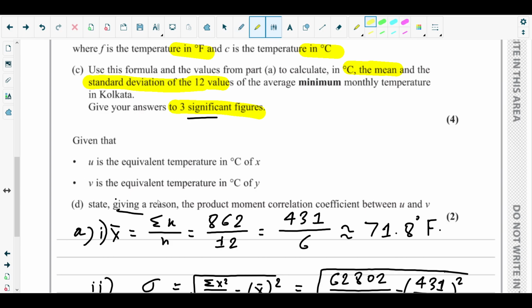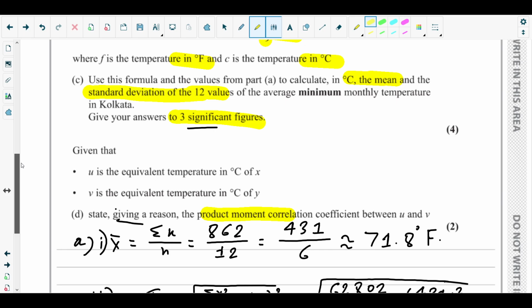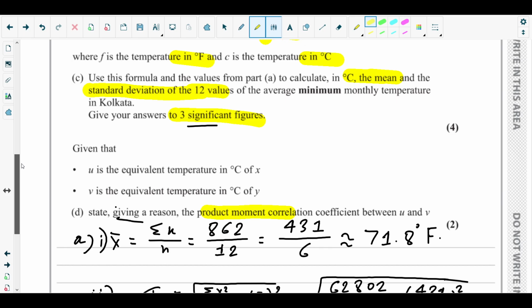What would be the value for the PMCC between U and V? U and V are basically equivalent temperatures for X and Y. Now we need to mention what would happen to the PMCC value between U and V. Will it remain the same, or will it change?